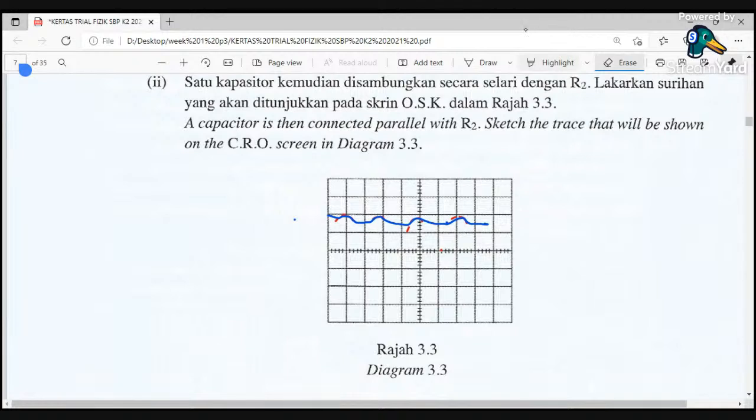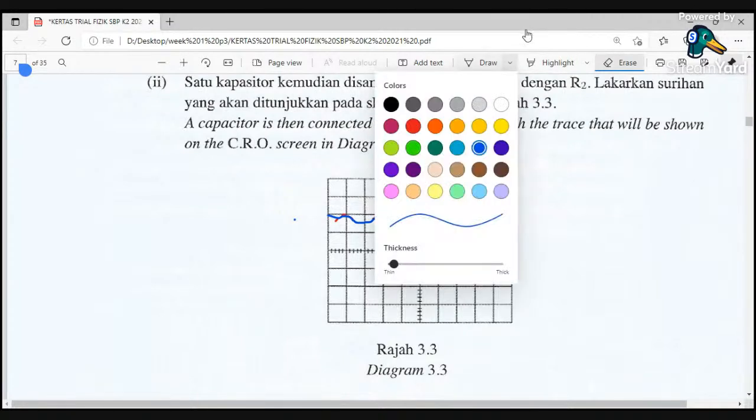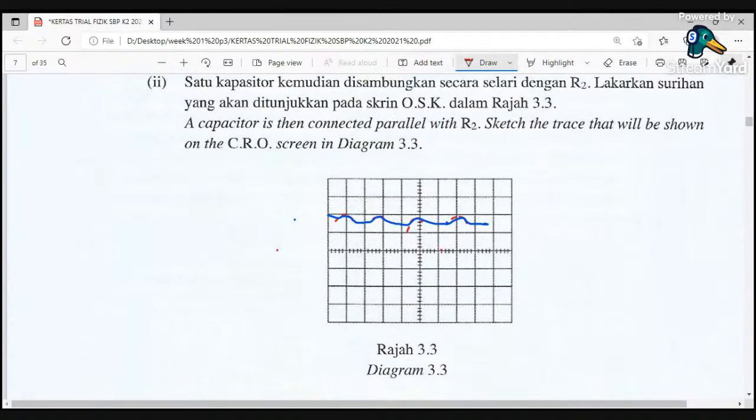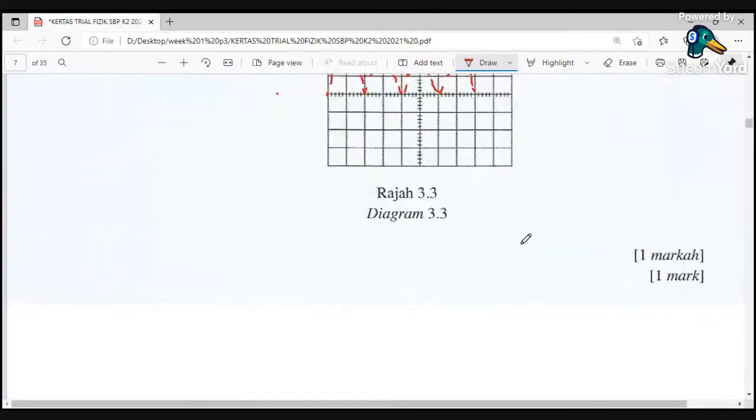But you can draw the red color one, it's just to control the line when you draw the graph for the capacitor. So the red color you don't see, you just observe the blue color. So the capacitor is used to smooth out the output current.